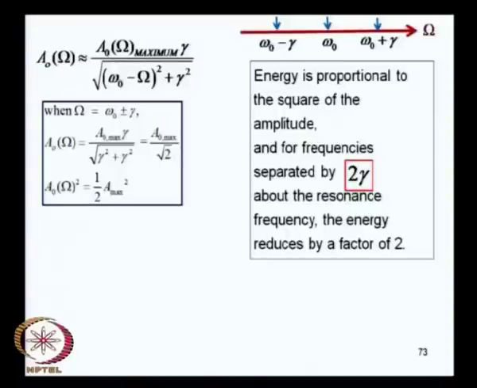So, it will still remain of the same order of magnitude, it will be diminished, but not by a factor which is larger than half.